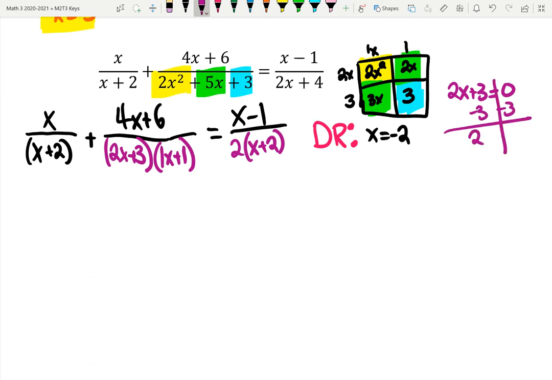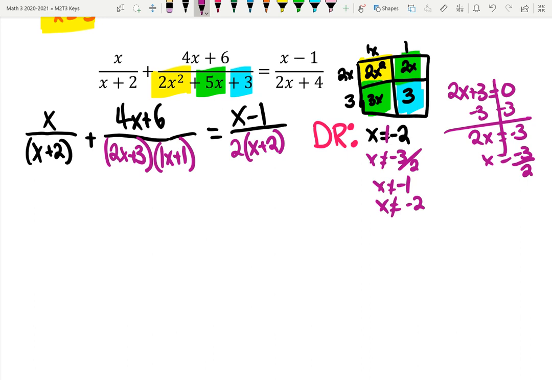Using your inverse operations, you should see that x is going to be negative 3 halves or negative 1.5. Also, x cannot be negative 1. And then at the end, x cannot be negative 2 again. I scan all of my denominators. We'll clean up the repeats at the end.